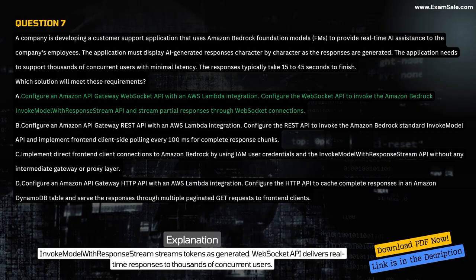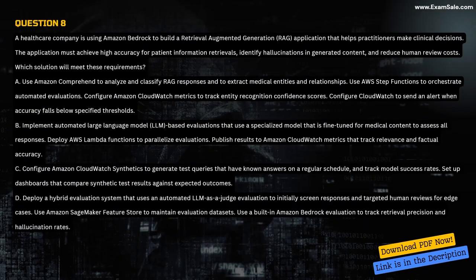Question 8. A healthcare company is using Amazon Bedrock to build a Retrieval Augmented Generation (RAG) application that helps practitioners make clinical decisions. The application must achieve high accuracy for patient information retrievals, identify hallucinations in generated content, and reduce human review costs. Which solution will meet these requirements?